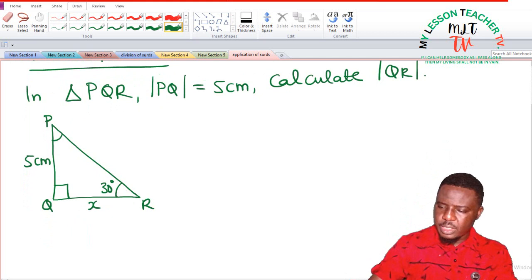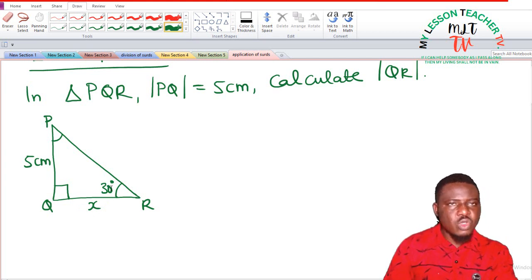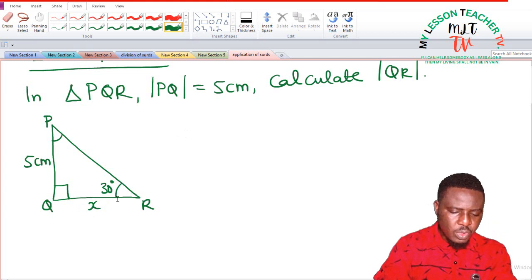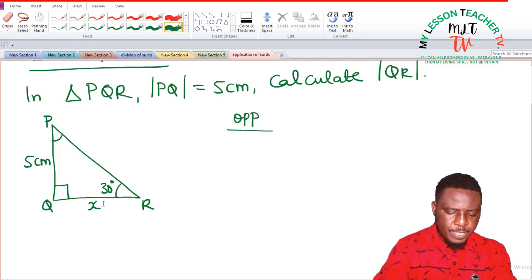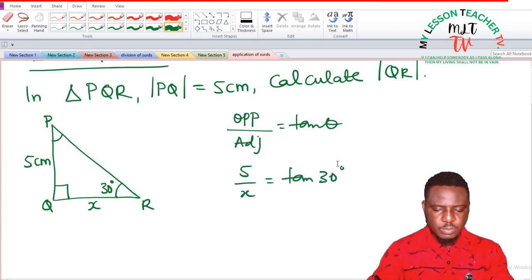So all you need to do is get to know the relationship between the 3 sides, and then you can solve for X. So with regards to angle 30 degrees, 5 is the opposite side. So this is opposite over adjacent, and opposite over adjacent is tan theta. So it therefore means that 5 over X is equal to tan 30 when you substitute.